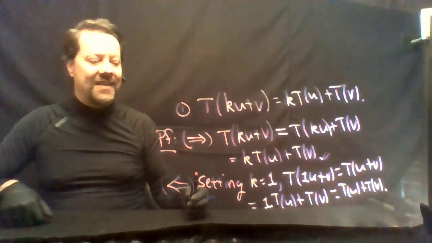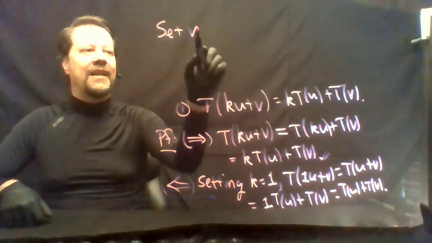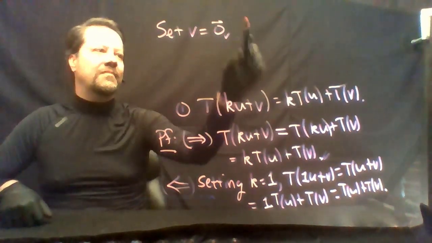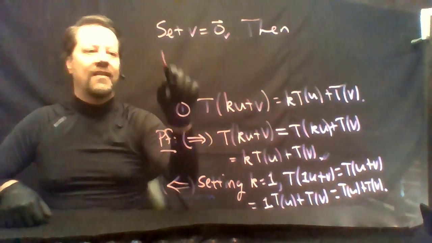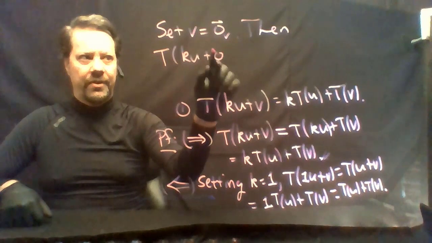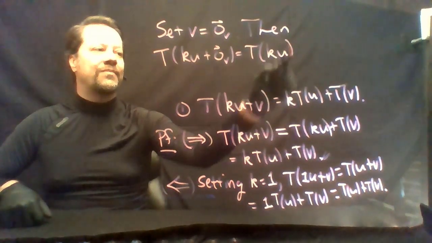To see that it satisfies the second property of linearity, we'll set V equal to the 0 vector in the vector space V. Then T of Ku plus 0 is T of Ku.